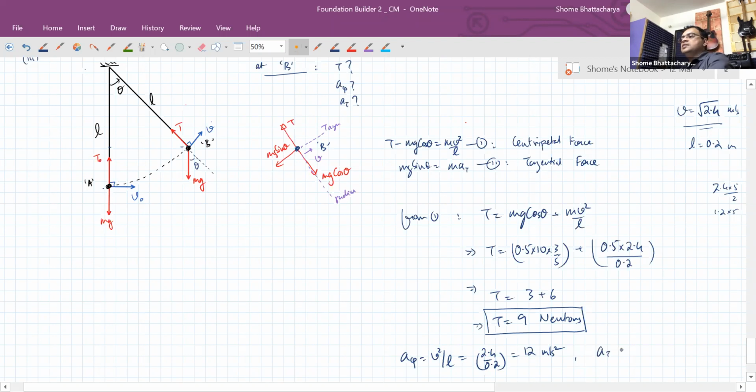Whereas tangential acceleration is g sin theta. This is from equation 2 above. Okay. So that is 4 meters per second. So, oh, sorry, 8 meters per second square. We take g as 10.